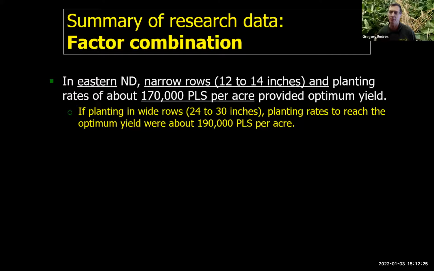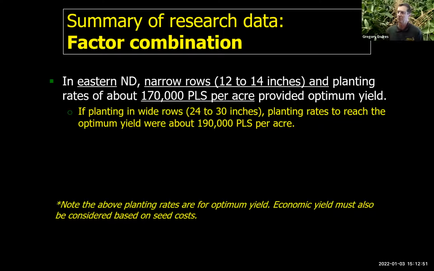This provided optimum yield. If by chance a person is planting in wide rows, that would be essentially at 30 inches, then the planting rates in the database actually are higher than with narrow rows. We found with this extensive database that the optimum yield was when we had 190,000 pure live seeds planted per acre.